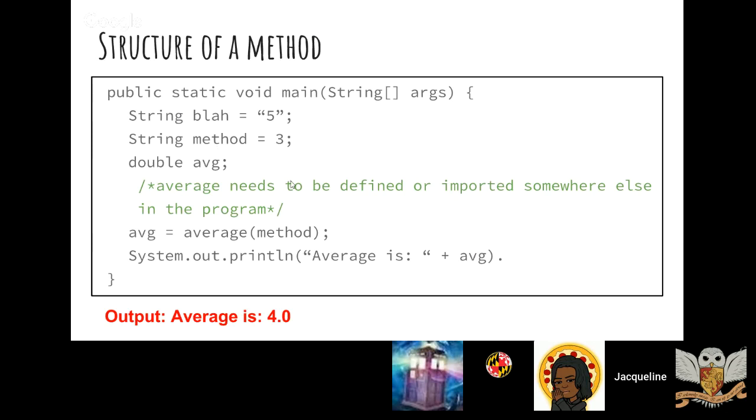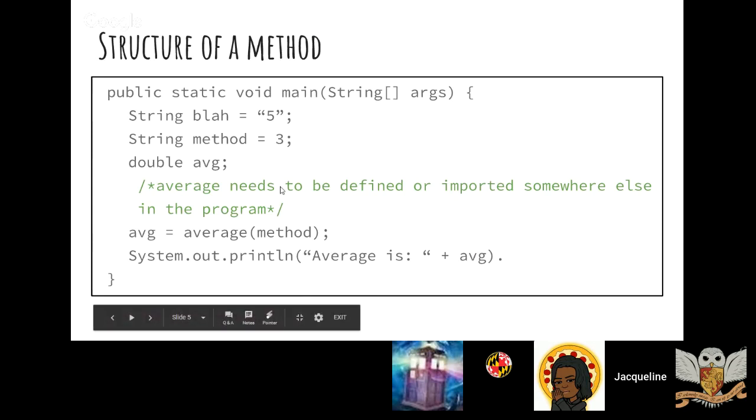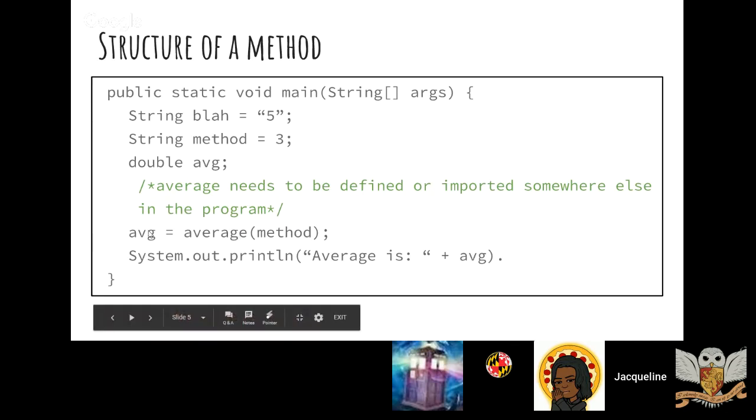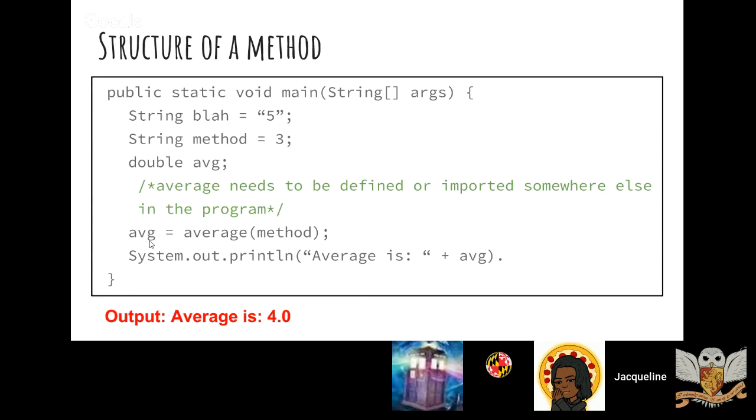But average took in integers, so we would take the average of the integers we pass in, and then to save the value we return, we have to save it in a variable. For example, we created a double avg, and we set that equal to our average method. And that means that when average returns, that value will automatically be saved in this double avg here.